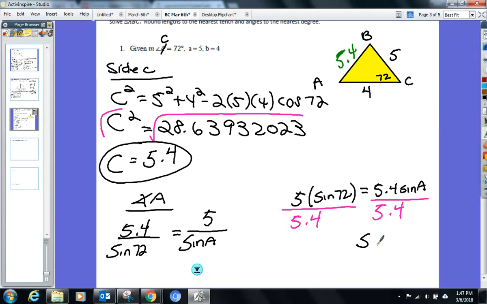But that's not my angle, is it? That's the ratio. What do I still need to do if I want to find angle A? Inverse sine, yes, inverse sine. I didn't write that decimal down, so I'm just going to write the fraction here.